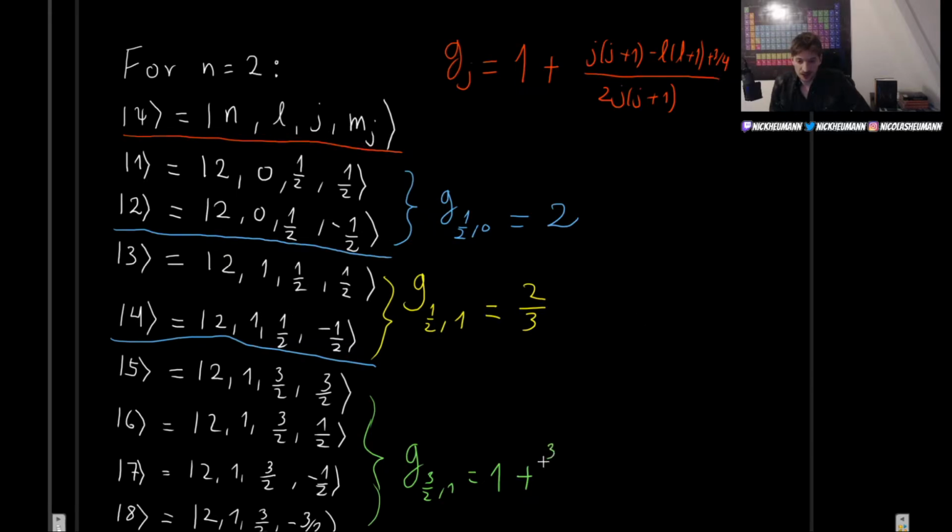So that is 3/2 times 5/2 minus 2 plus 3/4, divided by 2 times this same thing, which is 15/4. So let's actually rewrite this part as well as 15/4.